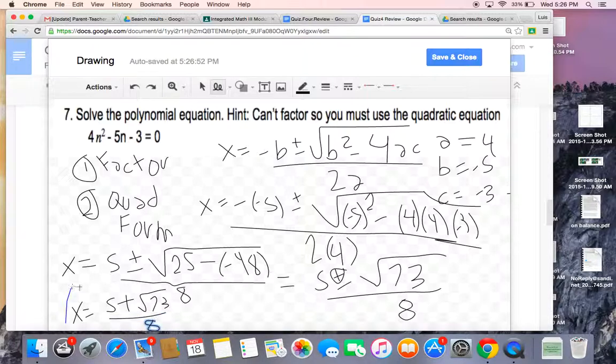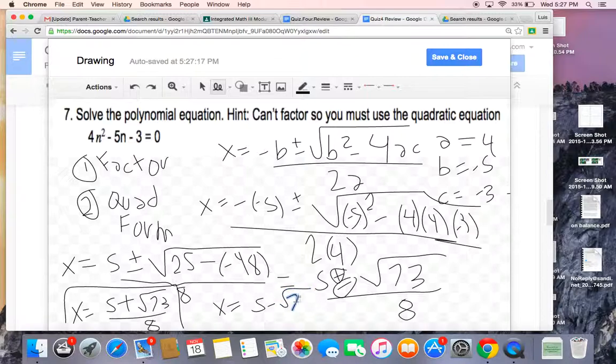So this is my first solution: x equals 5 plus the square root of 73 over 8. Can I simplify more? Maybe, but that's simple enough. I think this is understandable. And then my second solution, because I'm always going to have two solutions for a quadratic polynomial, is 5 minus the square root of 73 over 8.